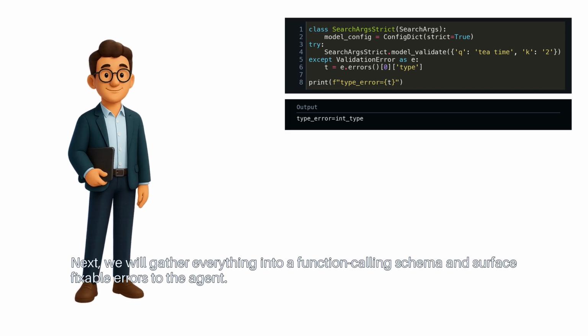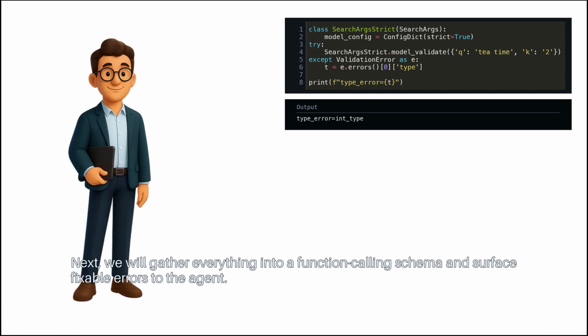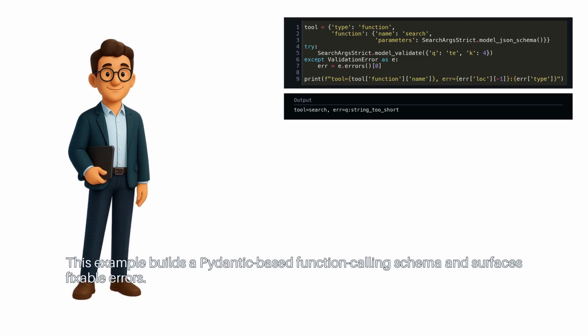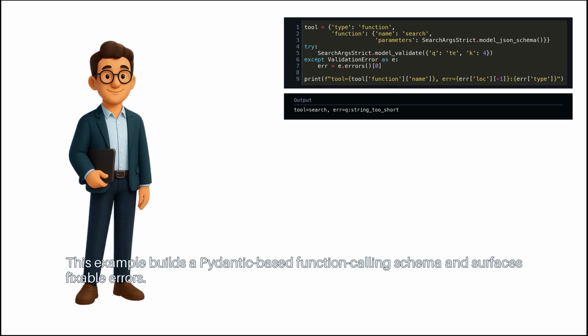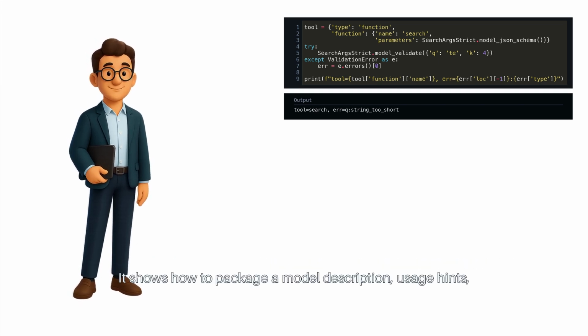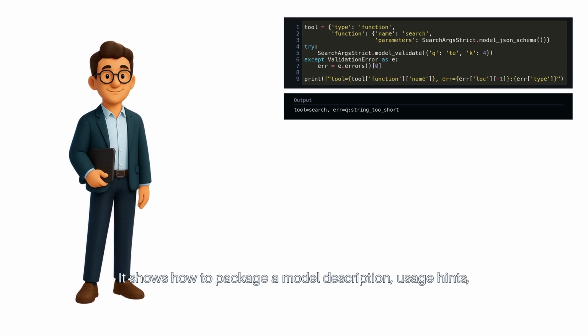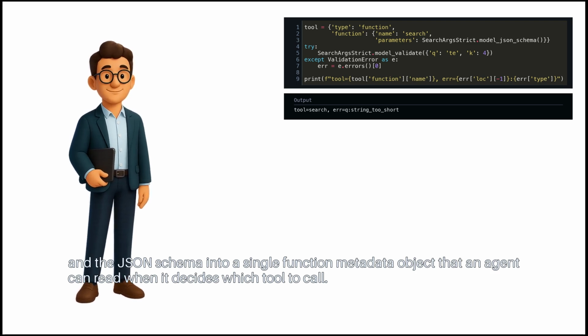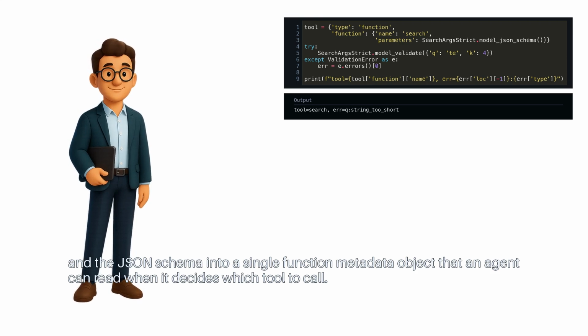Next, we will gather everything into a function calling schema and surface fixable errors to the agent. This example builds a Pydantic-based function calling schema and surfaces fixable errors. It shows how to package a model description, usage hints, and the JSON schema into a single function metadata object that an agent can read when it decides which tool to call.